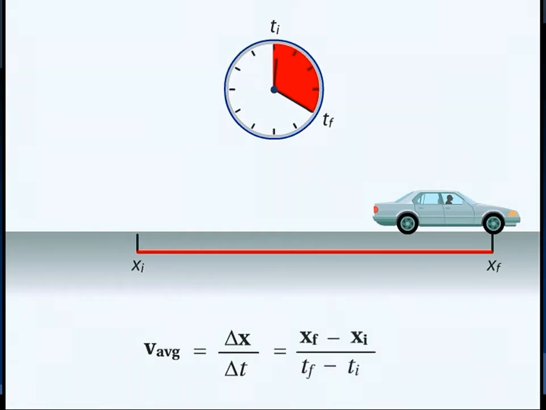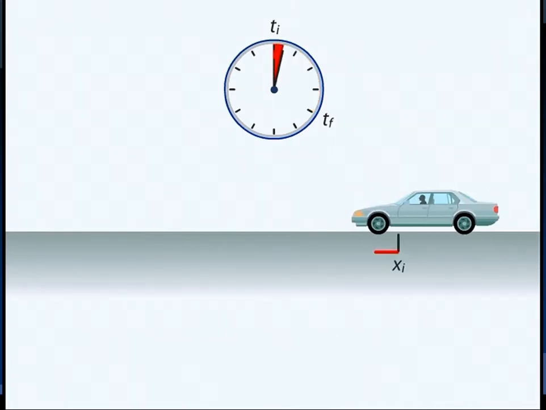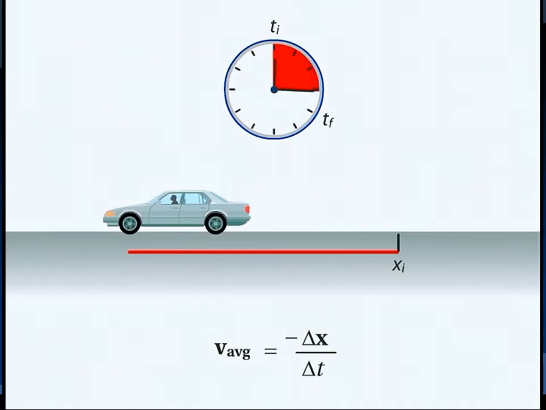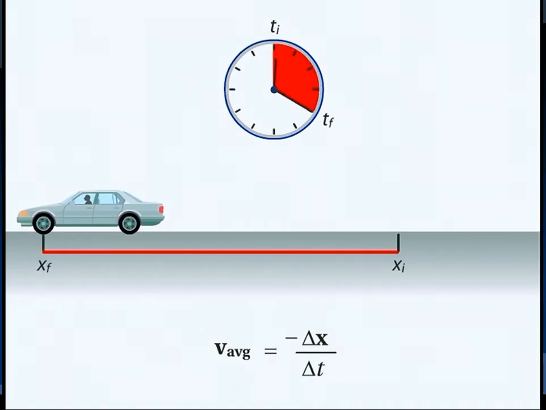Since the car is traveling to the right, the sign of the displacement is positive and is equal to x sub f minus x sub i. The time interval is always positive and is equal to the final time minus the initial or starting time. The average velocity can be a positive or negative value because the displacement can be either a positive or negative value.